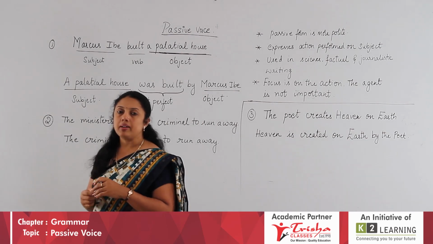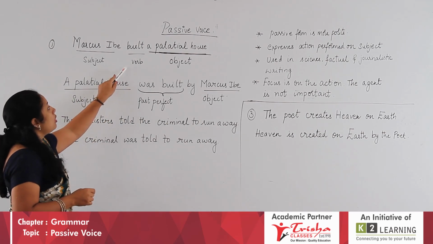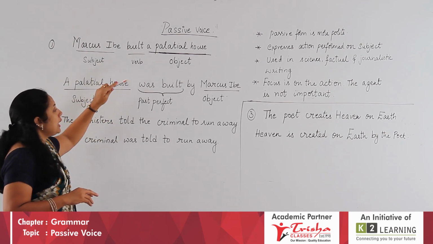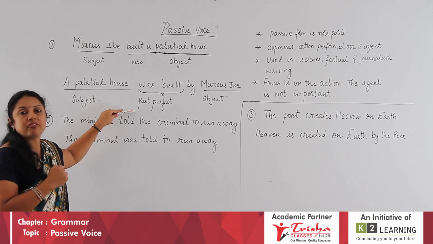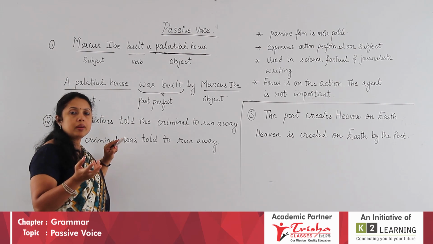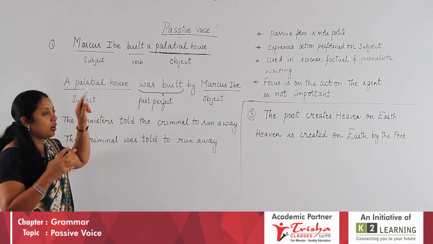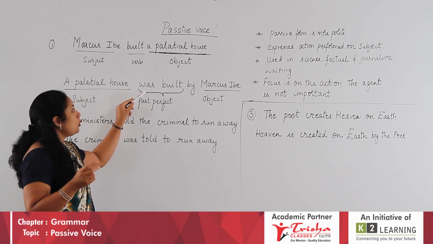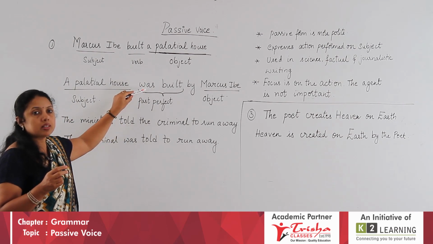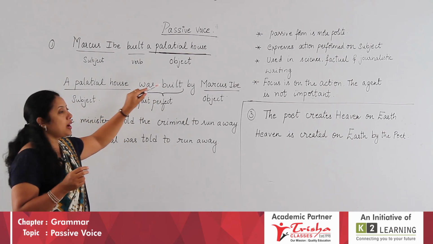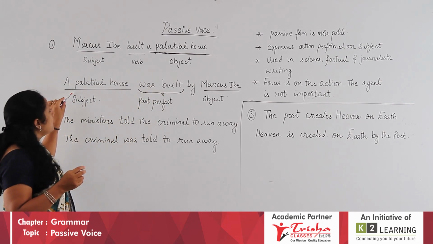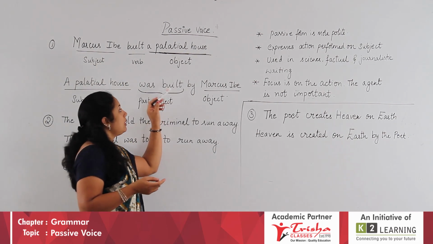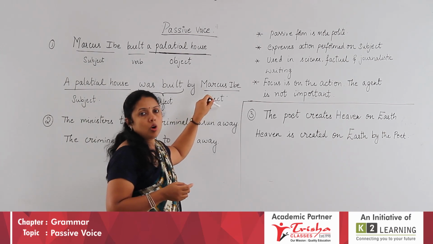What happens next grammatically is that the verb that was in the simple past tense takes the form of a past perfect tense. We have studied the perfect tenses, and we understand that it is a combination of two past tenses. So here we have a past tense and another past tense. The verb that was in simple past goes to past perfect tense, and the subject goes to the object's place.